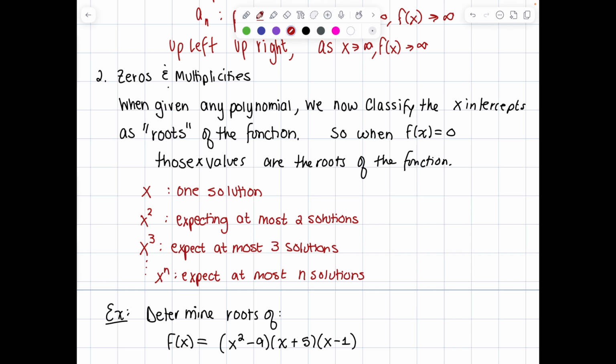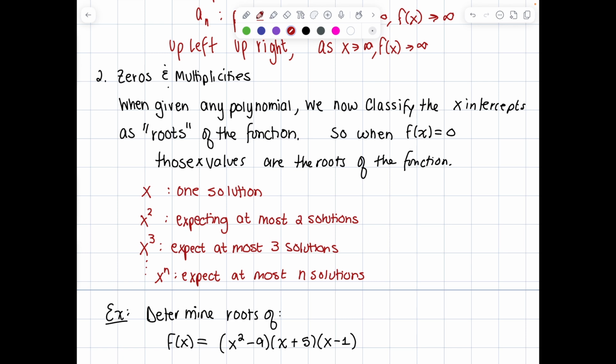Now again, this is what you're expecting at most. So it is not guaranteed that you get 1 solution, 2 solutions, 3 solutions, n solutions. This is just saying that you can have that many solutions. You could, hypothetically, but it's not going to happen every time. So when you're given any polynomial, we classify the x-intercepts, every time it hits the x-axis, or those solutions to the equation, as roots. We call them roots.